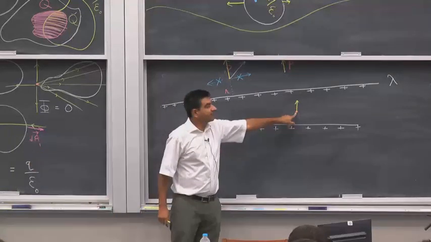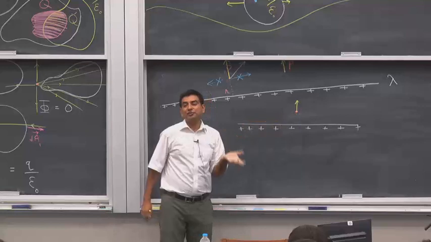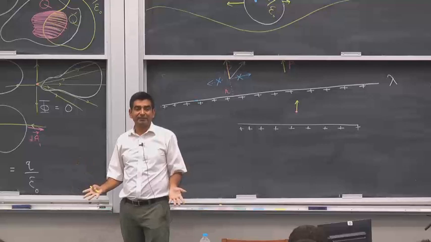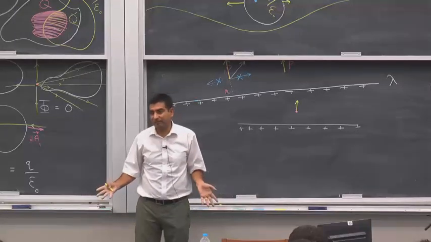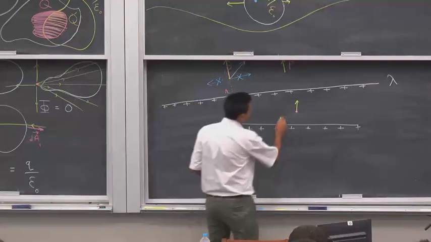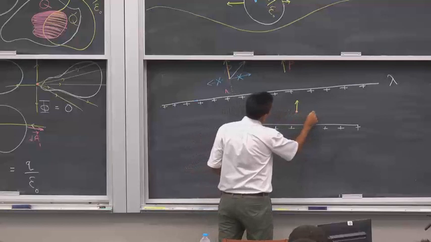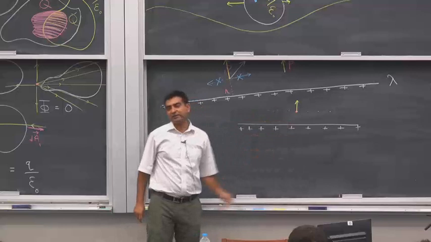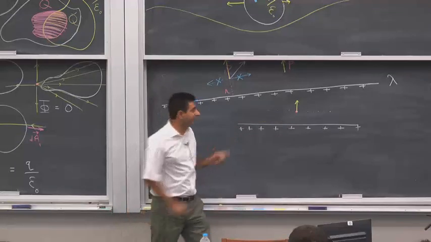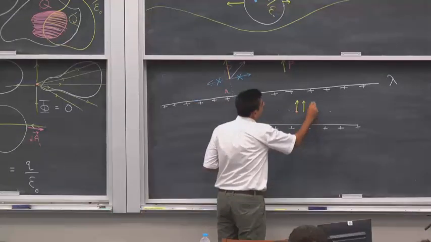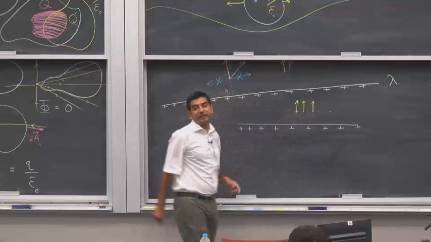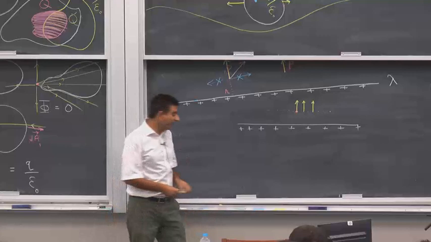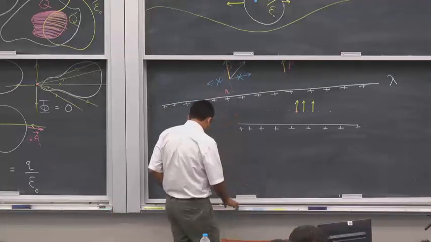Now, if this is the direction of the electric field and we would like to use Gauss's law to our advantage, we would like to draw some Gaussian surface that surrounds this line of charge. We notice that if we draw a line that is parallel to this line of charge, then all the points on this line are going to be equidistant from the line of charge, and the direction of the electric field on all of these points is going to be the same, pointing in the upward direction. So what I would like to do now is draw a closed surface.